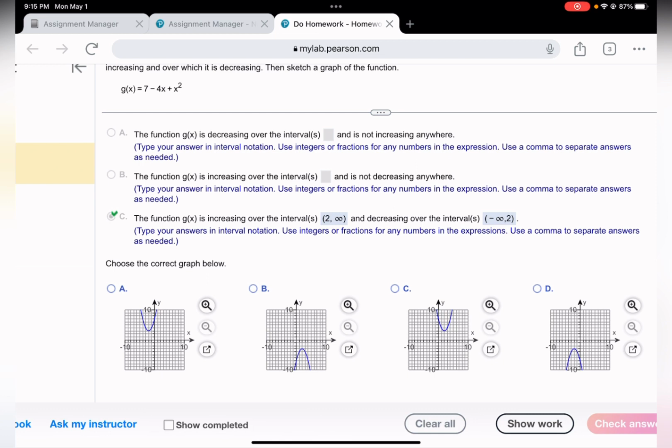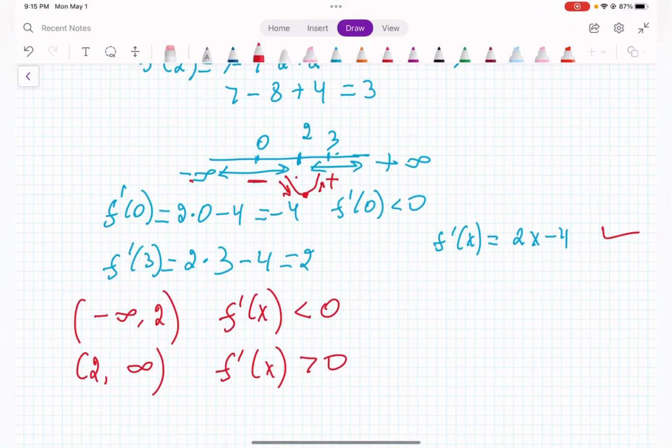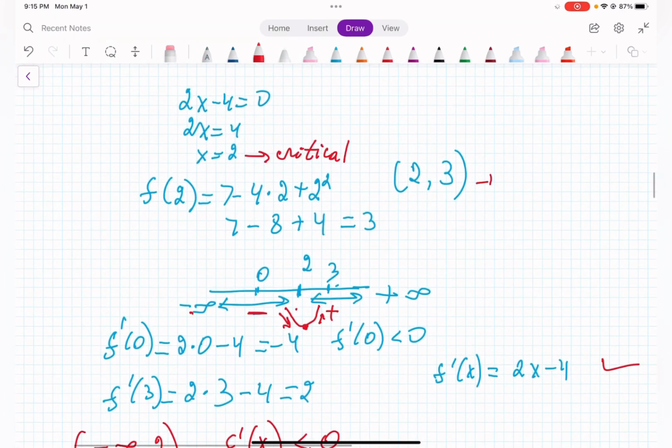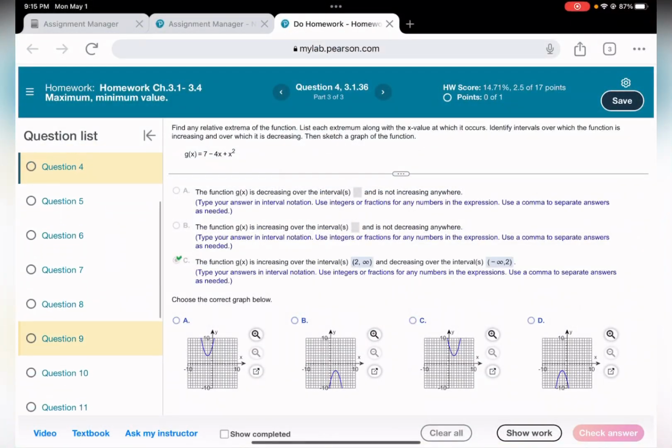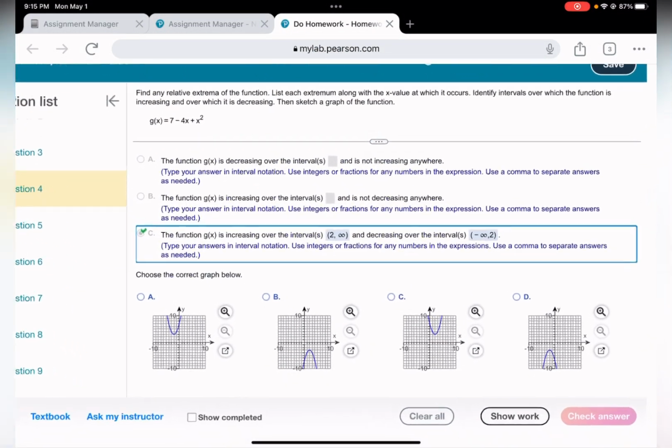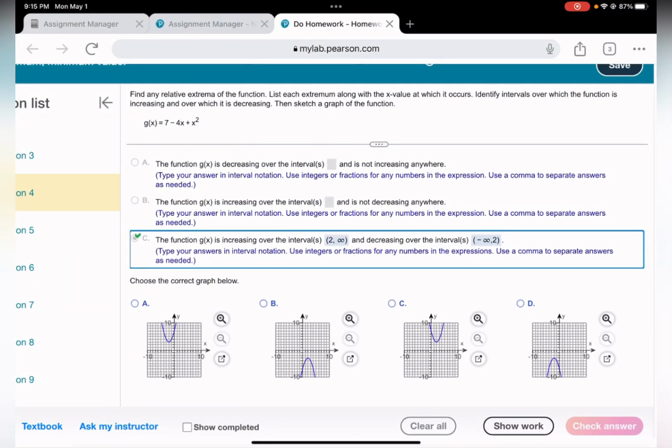Now we need to choose which graph it is. So 2 is going to be our critical point, and 2 was our minimum. So we need to find the graph that is going up, right? Not going down, because if this is our minimum, that means the graph is going to go like this, correct? Okay, let's see which one it is. So it's going to be either A or C. Both of them are going up.